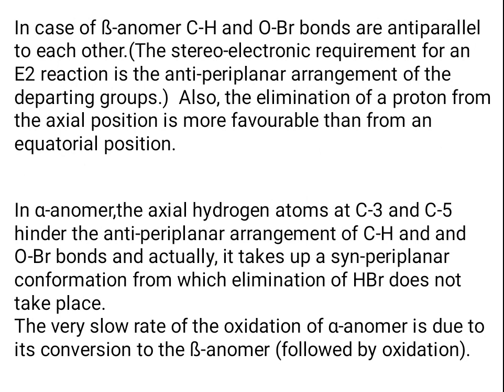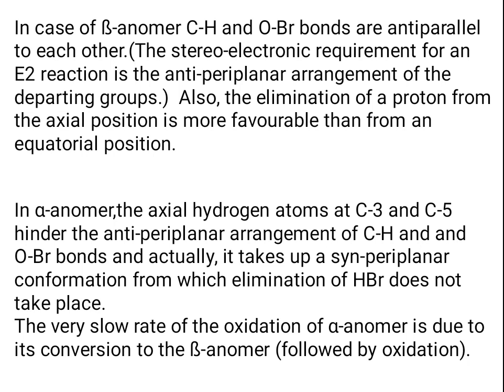Now just read it. In case of beta anomer, CH and OBr bonds are anti-periplanar, or anti-parallel, to each other. The stereoelectronic requirement for an E2 reaction is the anti-periplanar arrangement of the departing groups.